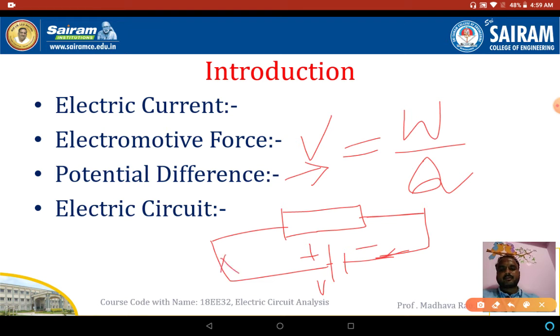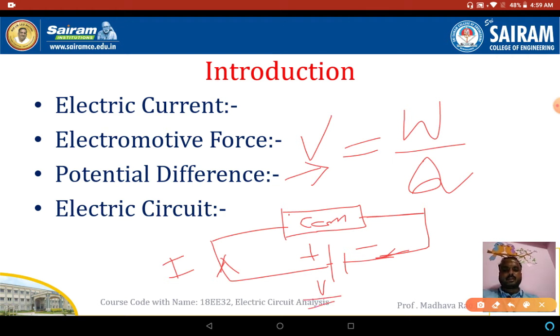Current always flows from positive to negative.